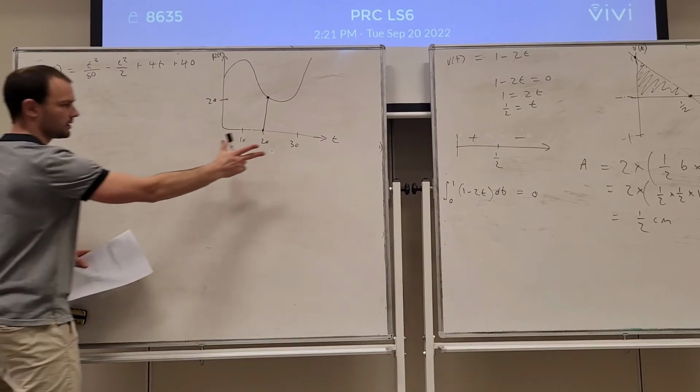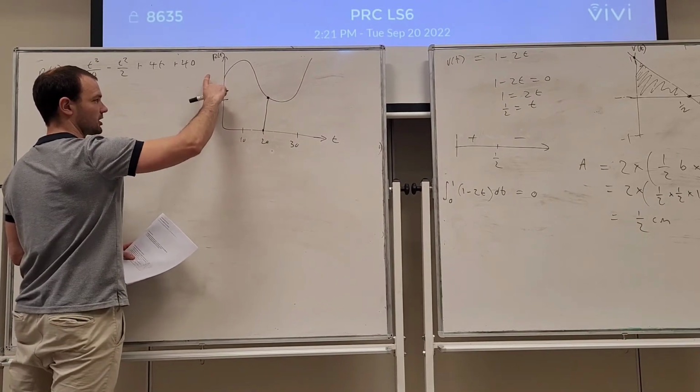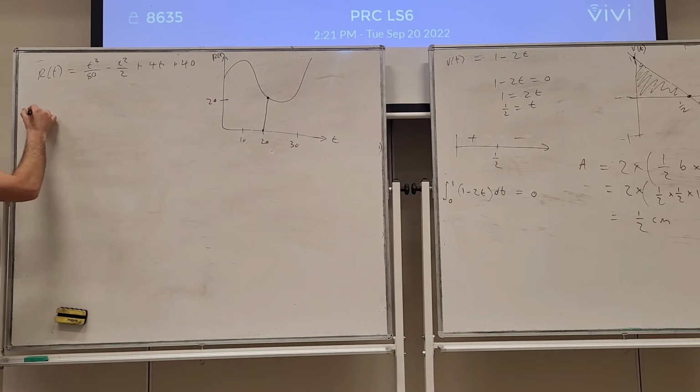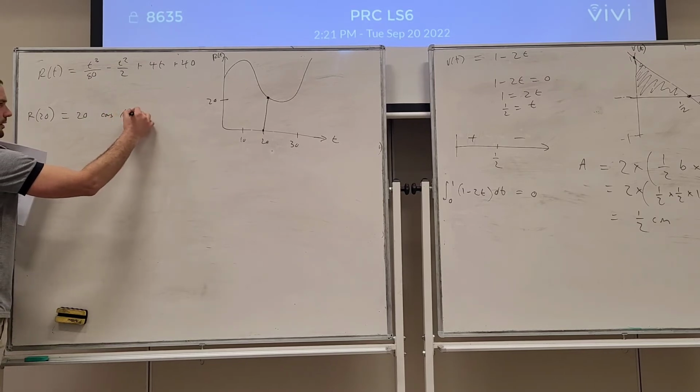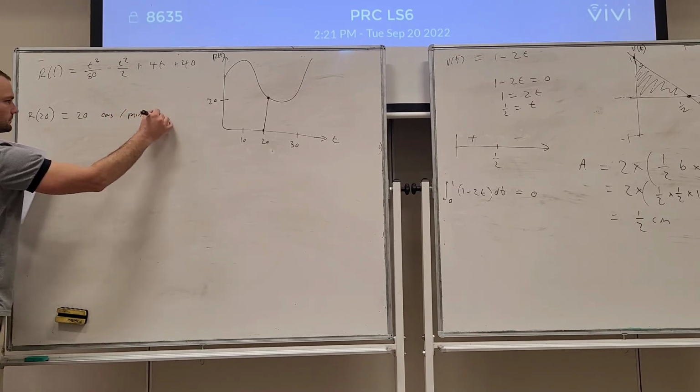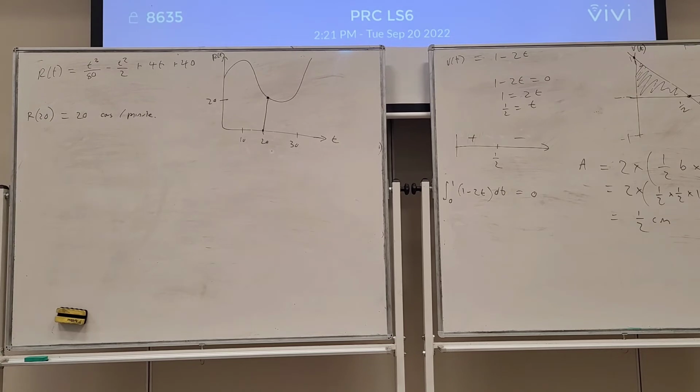Alright, so here we've got time, and here we've got the rate at which cars are coming through. So let's answer it. R of 20 is equal to 20, and what's our unit? Cars per minute. Okay, there are 20 cars coming through.